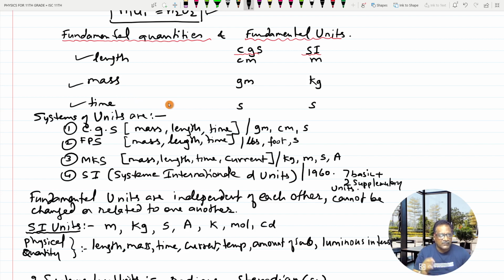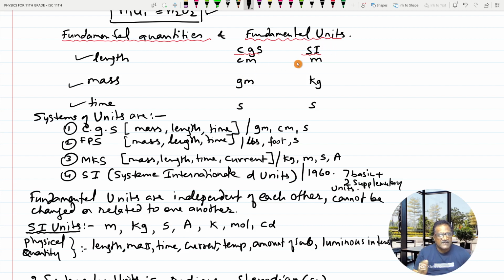So what are the fundamental quantities? Fundamental quantities are length, mass, and time. Corresponding to these fundamental quantities, you have certain fundamental units, the standard measuring unit or the standard measurement.